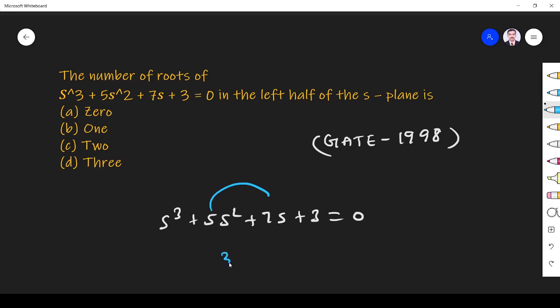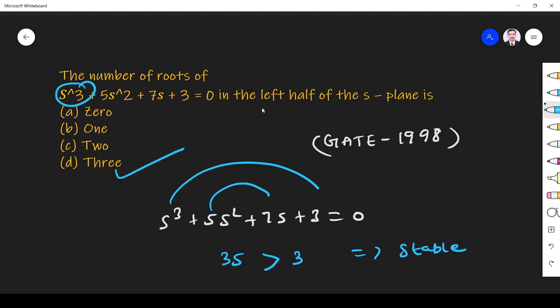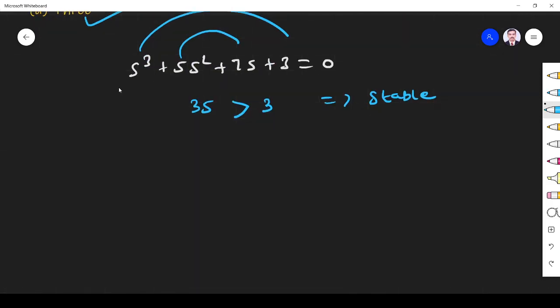So 5 into 7, 35. Next the product of outer coefficients, 3. So 35 is greater than 3. Inner product greater than outer product means the system is stable. We know for a stable system all the roots should be in the left hand side. So it is a third order equation, and all the 3 roots must be in the left half of the S plane.